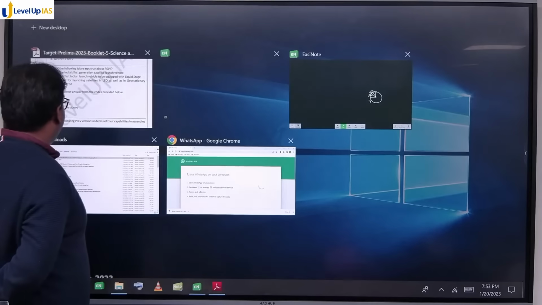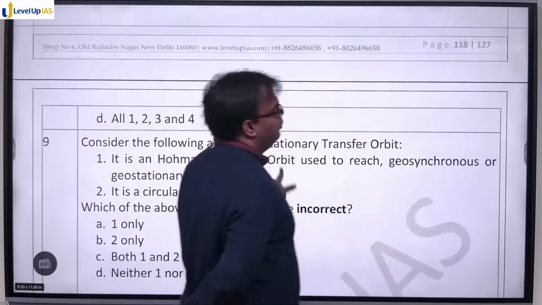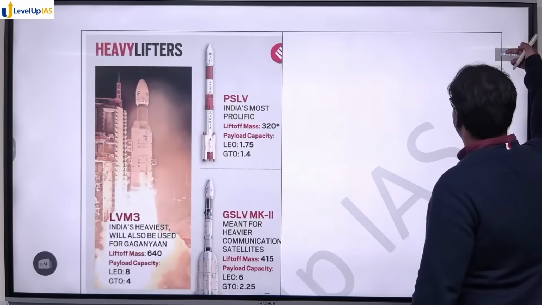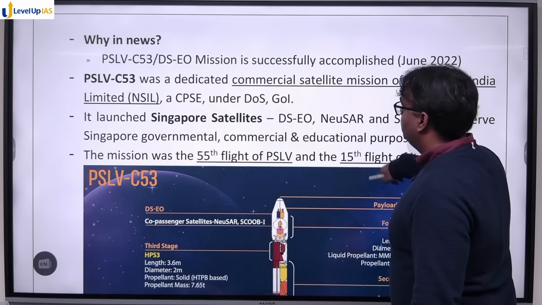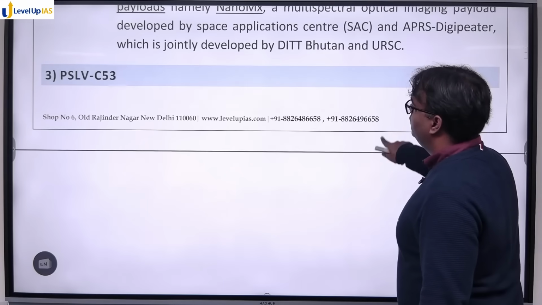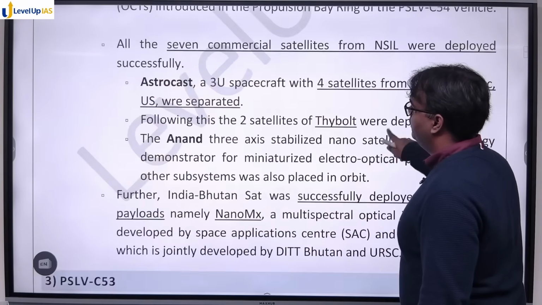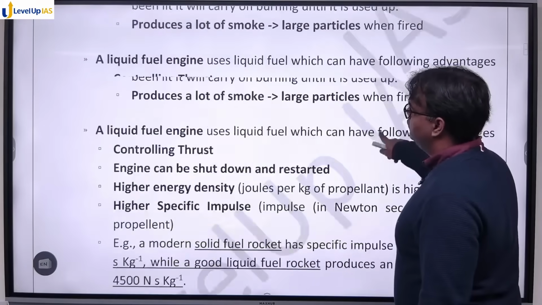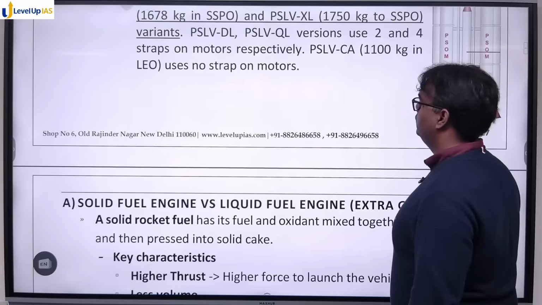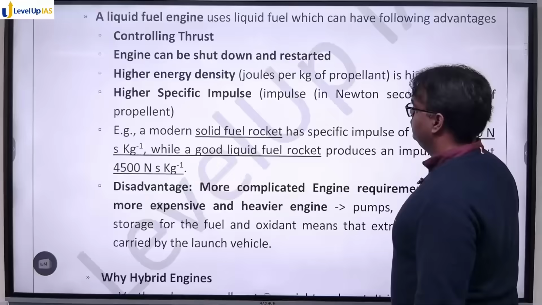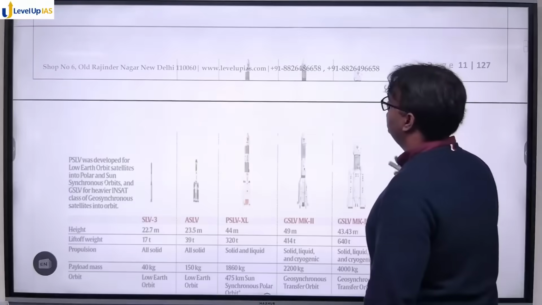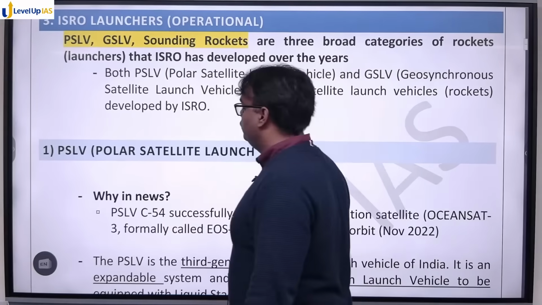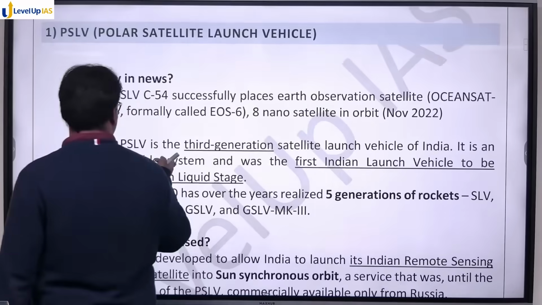तो चलिए अब we will quickly cover various rockets, various satellites. It's not going to take a lot of time. PSLV, Polar Satellite Launch Vehicle, the first rocket that we are going to study.